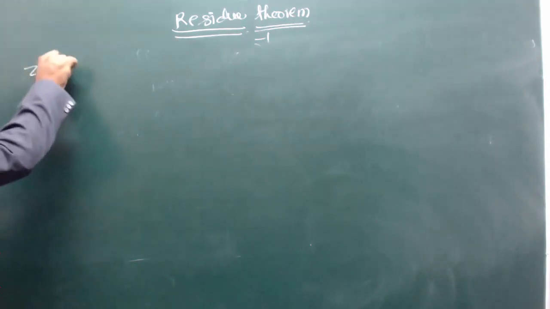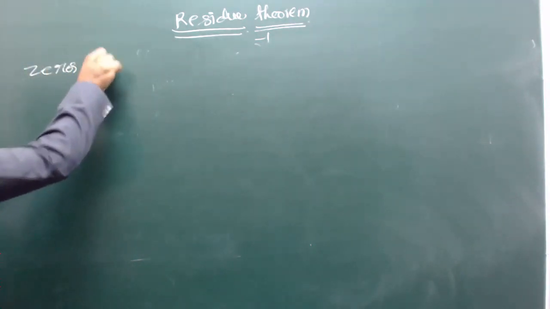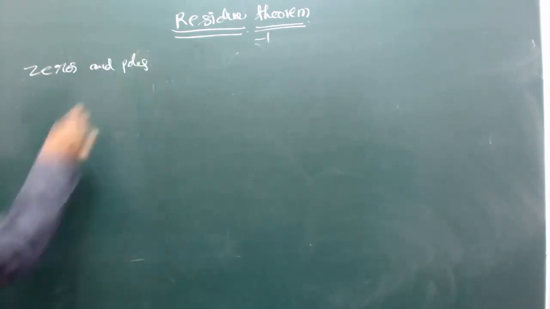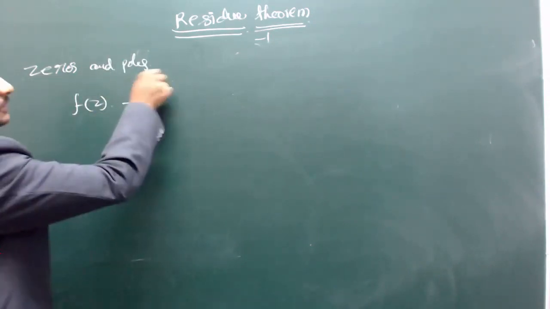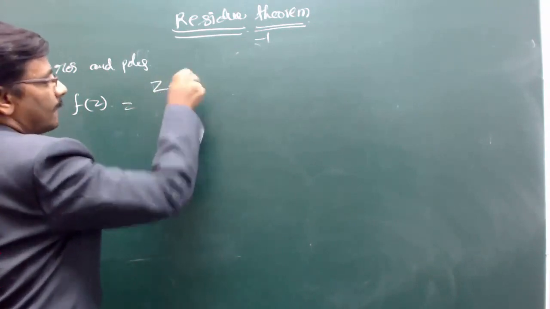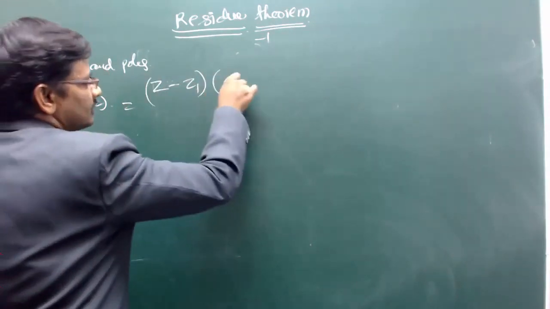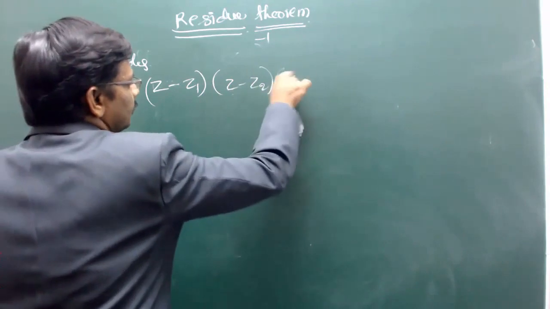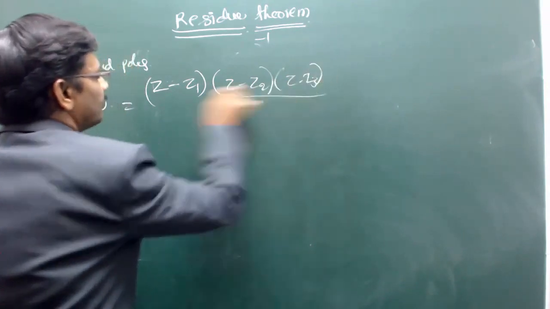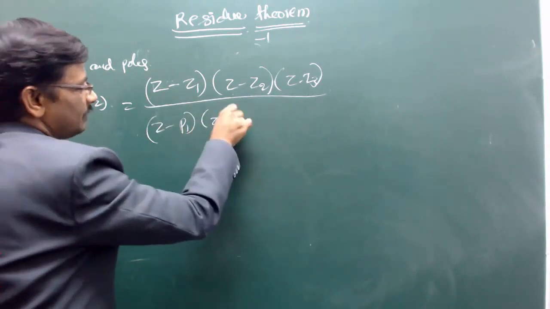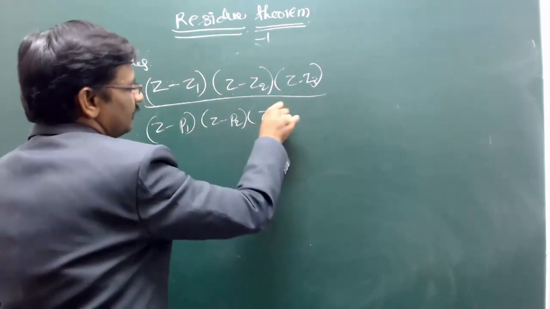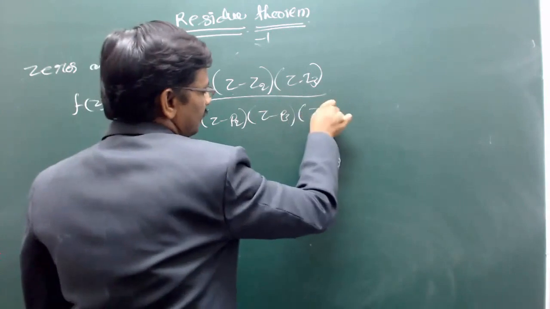Now there is something called zeros and poles. Suppose there is a complex function f of z, let us say z minus z1 into z minus z2 into z minus z3, divided by z minus p1 into z minus p2 into z minus p3 into z minus p4.